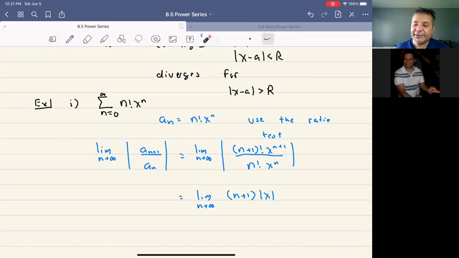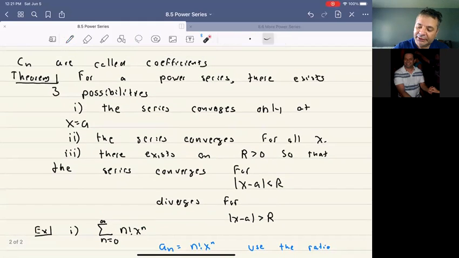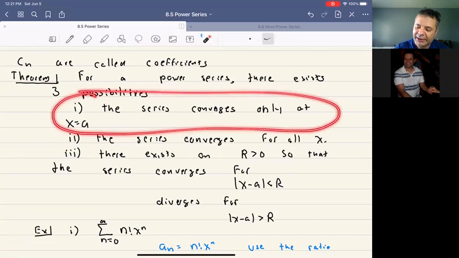So what happens to this as n goes to infinity? Well, if x is just any finite number, remember x is now fixed. X is fixed now, okay? So that means eventually this is going to go to infinity, even if x is really, really small. Okay. All right. That was our first example. This is an example of a series that converges only at x equals a.